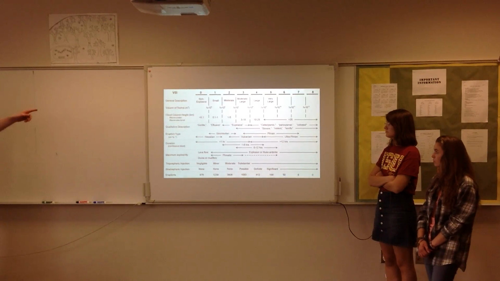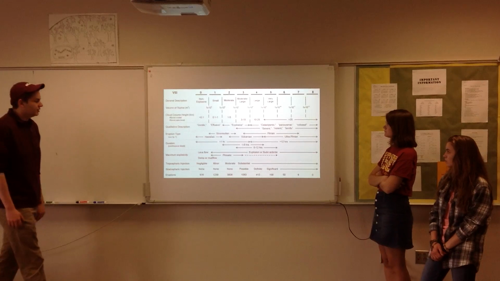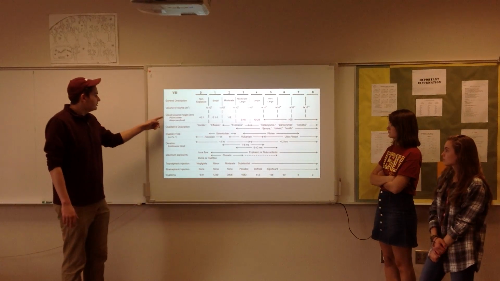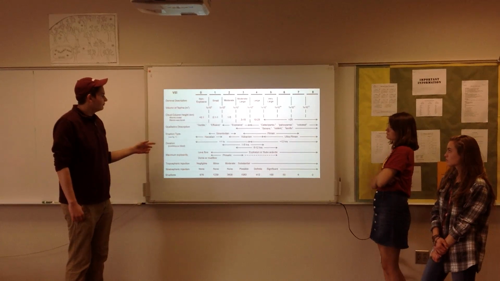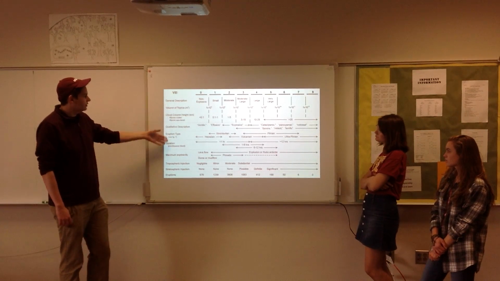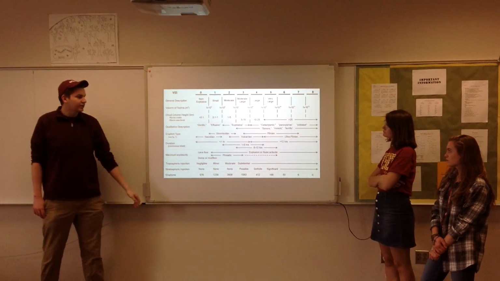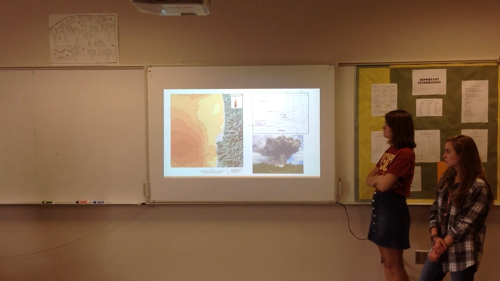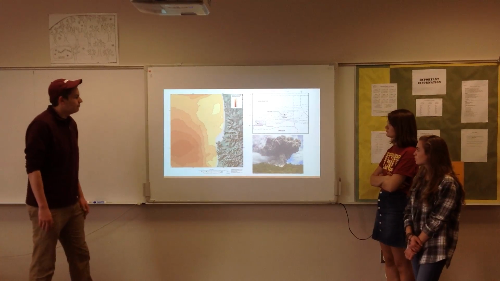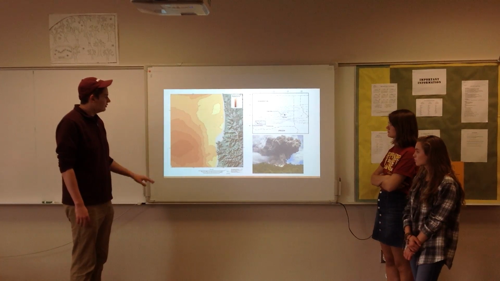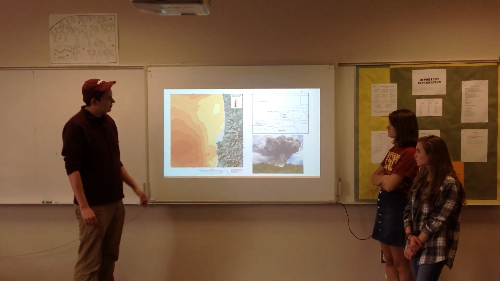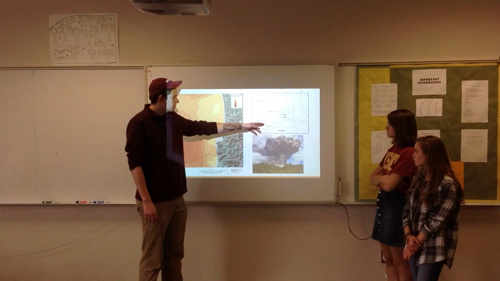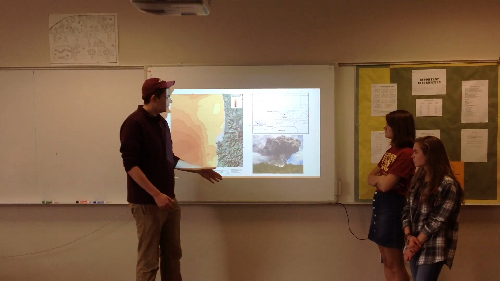This is the VEI index, and shows the eruptions in the last 10,000 years. This is the cloud column height, and a bunch of other different categories in the way that they're categorized. These are maps of ash deposits. So it's kind of like a topographical map in that it shows the depth of the ash.